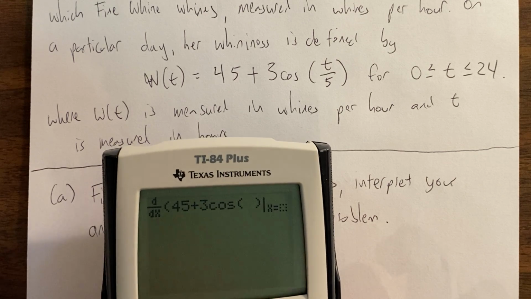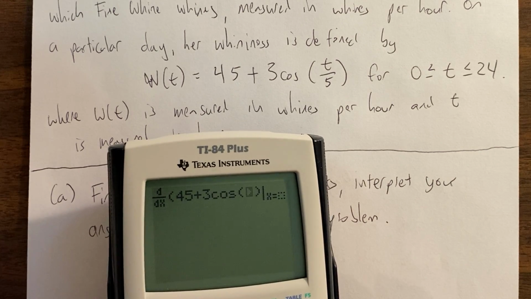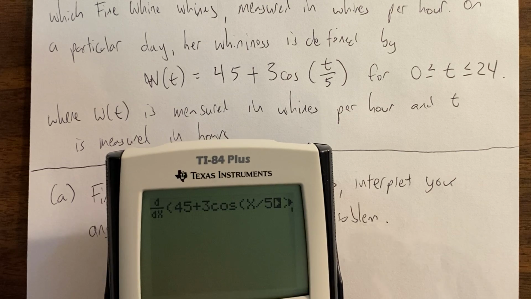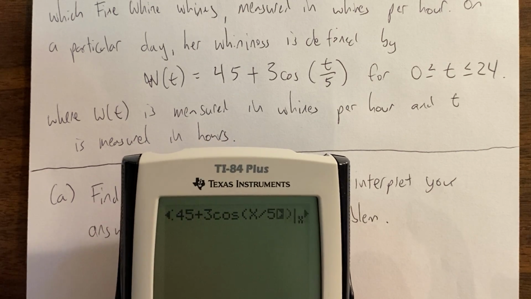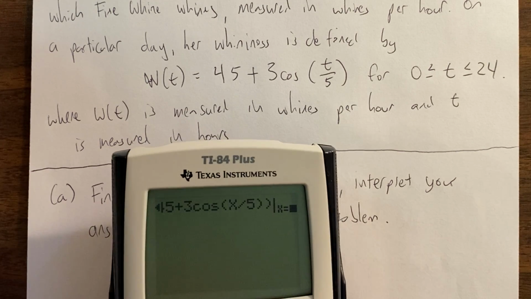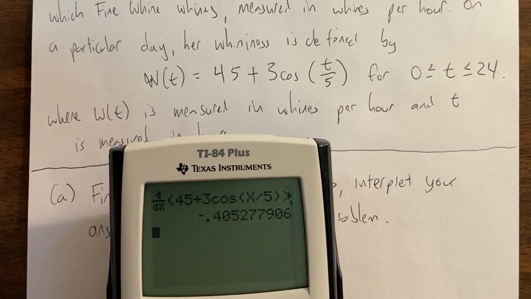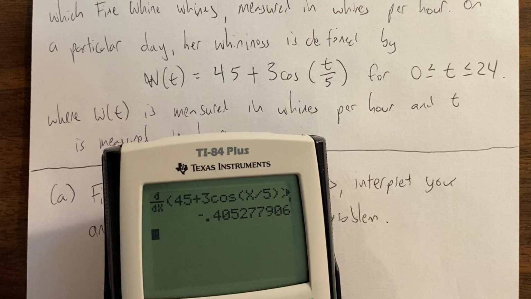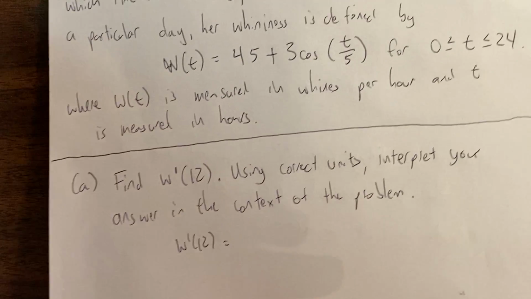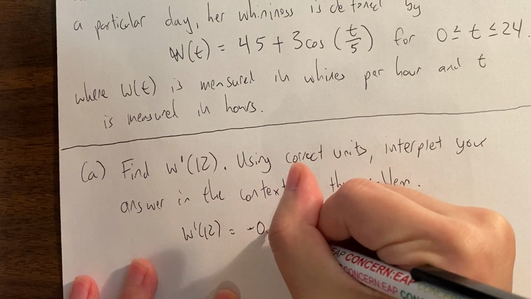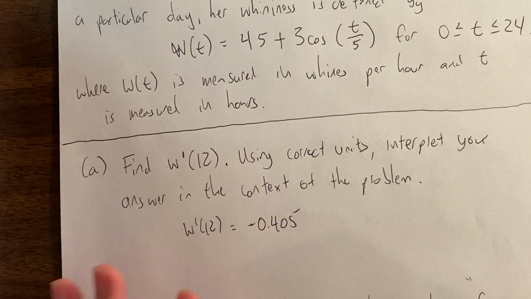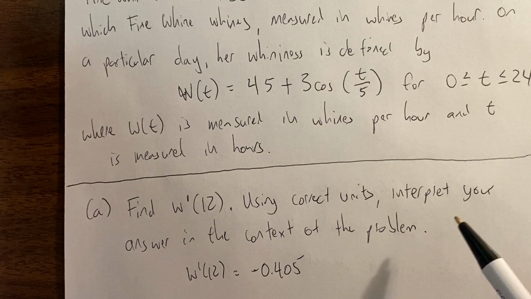And then let's get out of insert. And then let's write x divided by 5. Looks like we need a second parenthesis to close out the cosine, so just be careful when you type this in. And then we want to plug in 12 here. So it looks like it's going to be negative 0.405. So let's try to do the first question before we interpret.